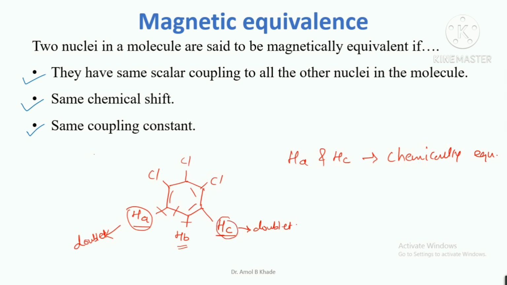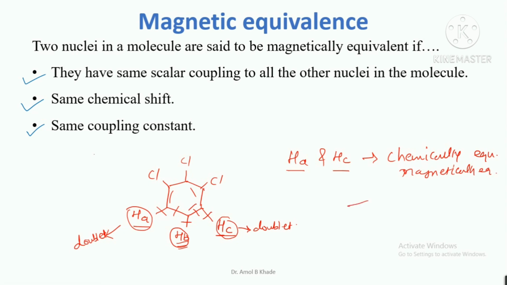Similarly, proton C is also coupled with proton B, the same proton to which proton A has coupled, through 1 bond, 2 bond and 3 bond coupling. So proton A and proton C are coupled with the same proton with the same scalar coupling. In this case all 3 criteria are fulfilled, and we can say proton A and proton C are chemically equivalent as well as magnetically equivalent.